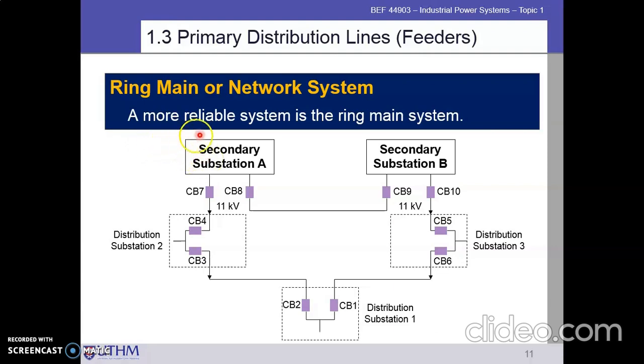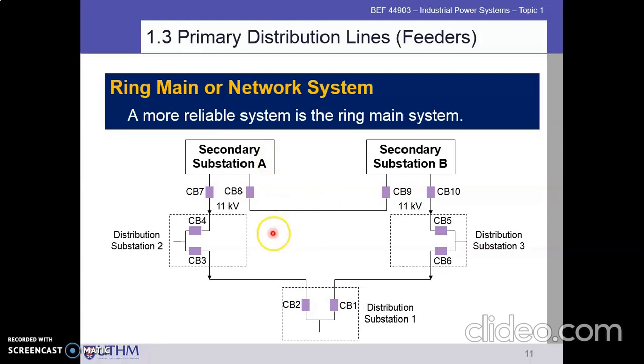There are two secondary substations, secondary substation A and secondary substation B. So the difference between the ring main and the loop is that for the ring main there are two incoming substations, but for the loop there is only one secondary substation. That is the difference.